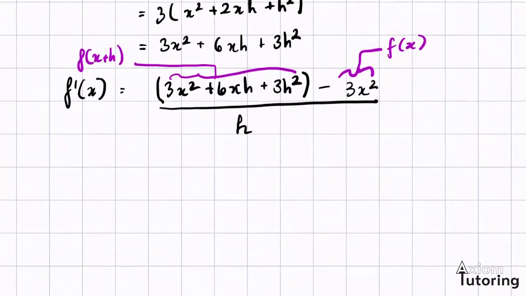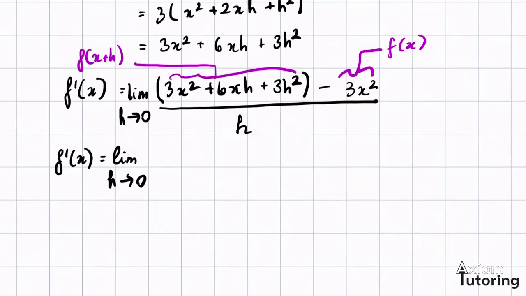So the last thing, limit of h tending to 0, let's try and simplify the algebraic fraction we have here. So that's going to give us f dash of x, the limit of h tending to 0. So we can see here that we have a 3x squared minus 3x squared.